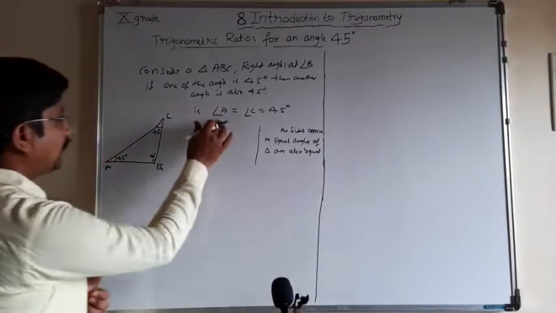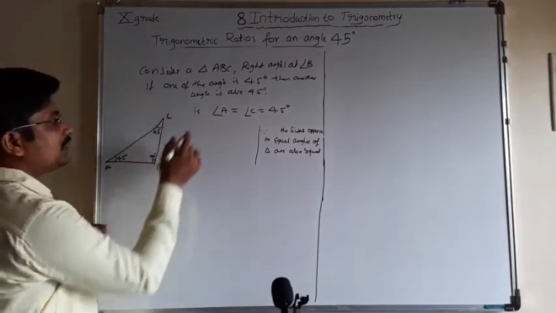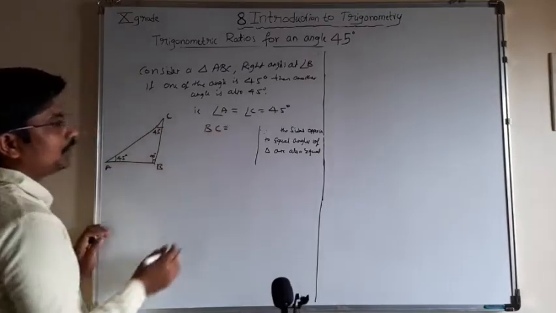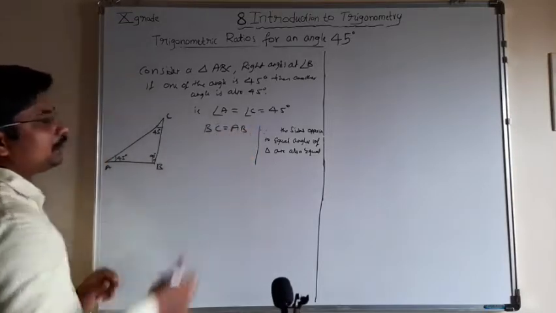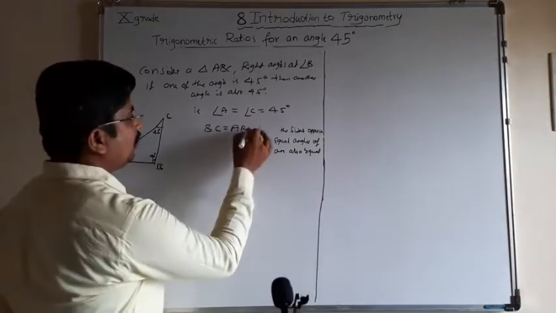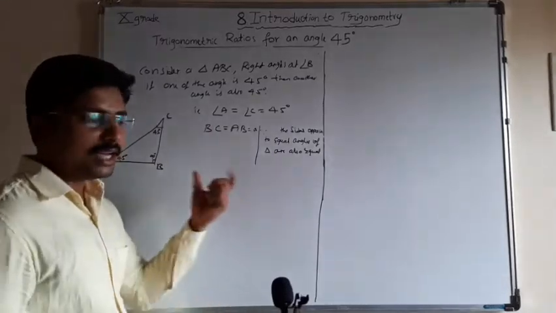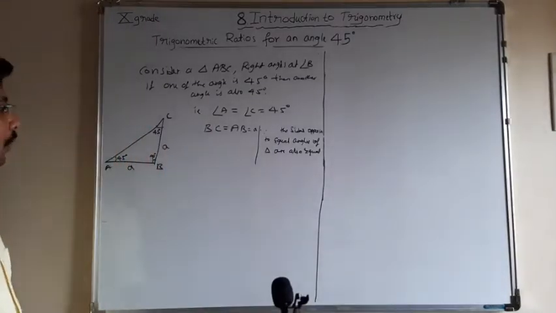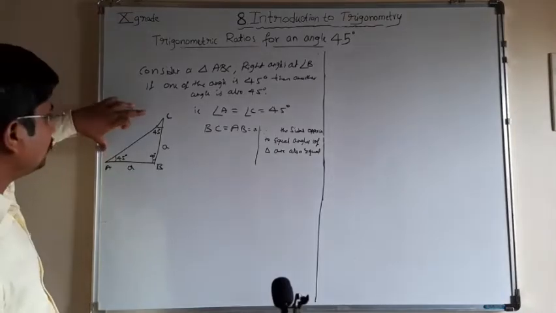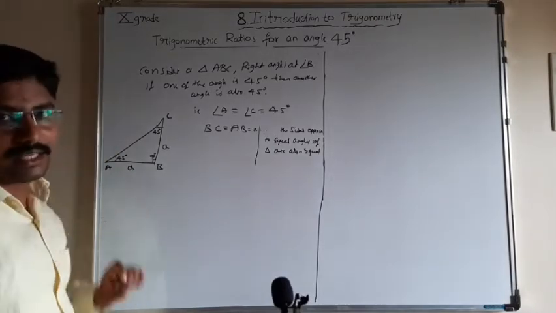Angle A, its opposite side is BC, which is equal to angle C, its opposite side AB. Therefore BC is equal to AB. We call the side a. Now we will find the side AC here.